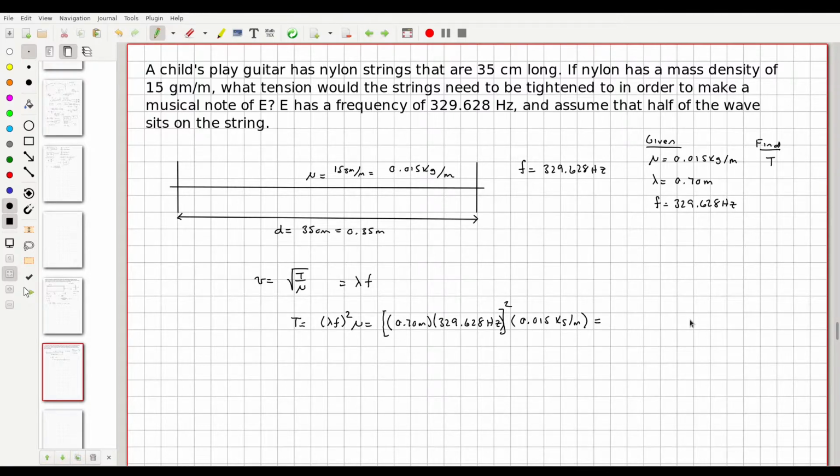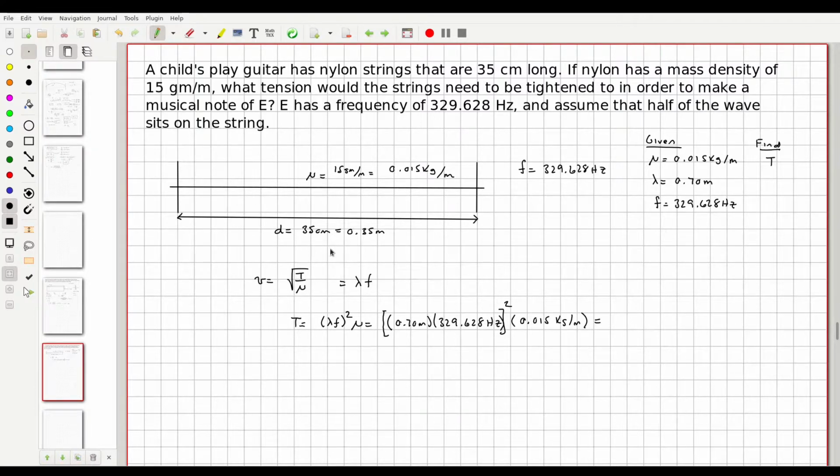Now, let me plug this into my calculator. 0.7 times 329.628. Going to square that. And then multiply that by 0.015.